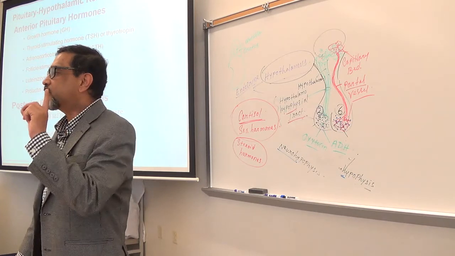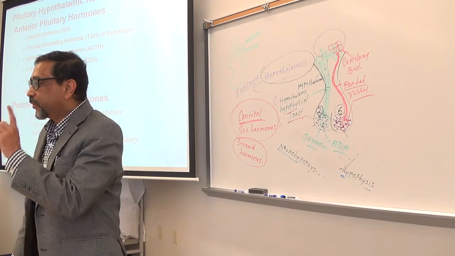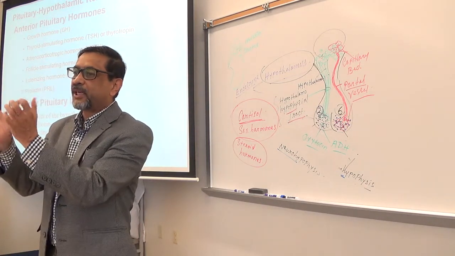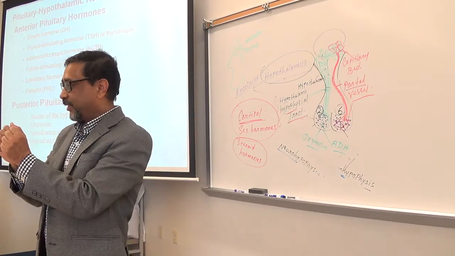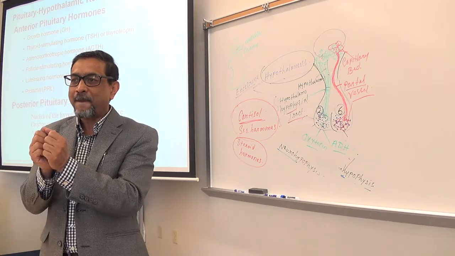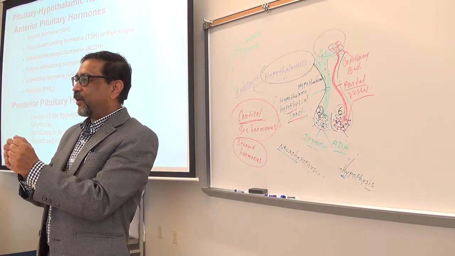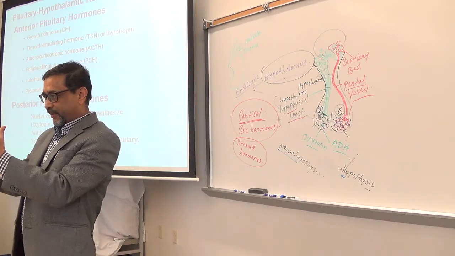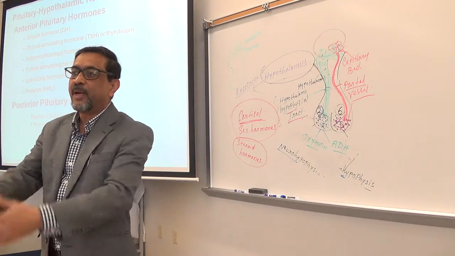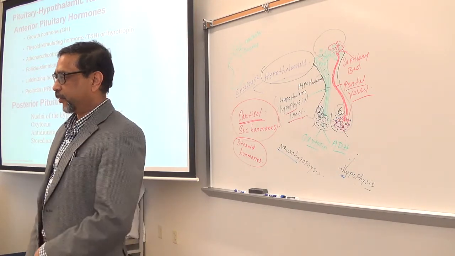Okay? Oxytocin, number 1. Very important. Oxytocin helps in the contraction of the uterus. Uterine contraction. That helps in what? Birth, childbirth, right? So, very important. Oxytocin causes uterine contraction to help in the childbirth, okay, labor.